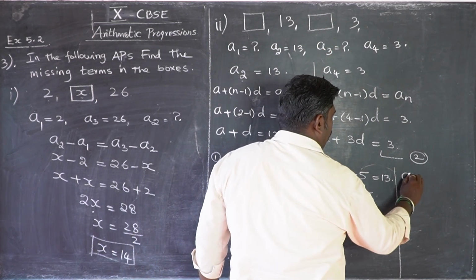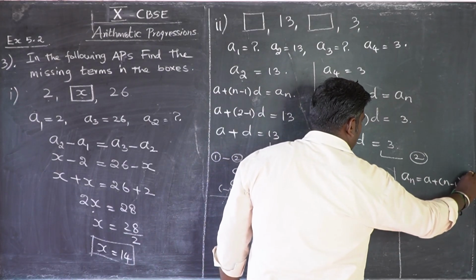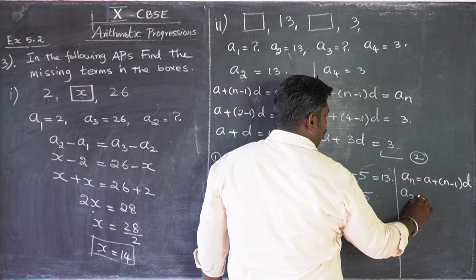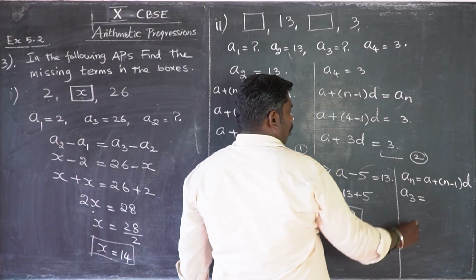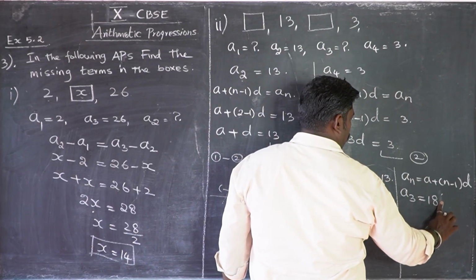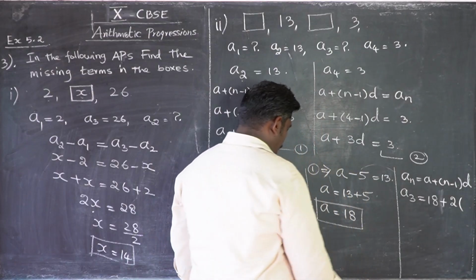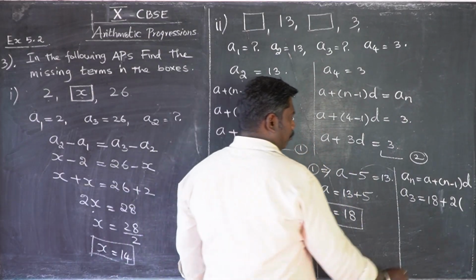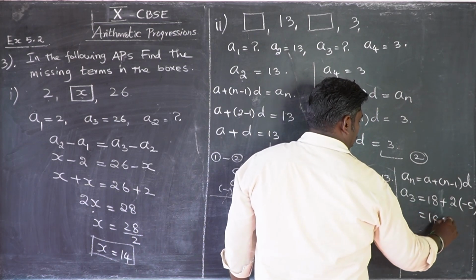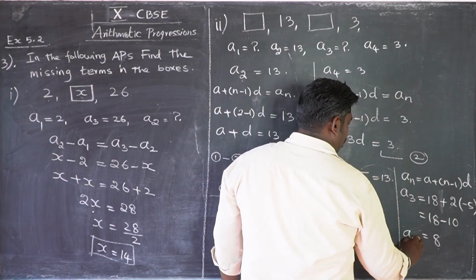So third term means nth term formula a plus n minus 1 into d. a value 18, 3 minus 1 becomes 2, and common difference is minus 5. So 18, 2 into minus 5, minus 10. 18 minus 10 becomes 8. This is the third term.